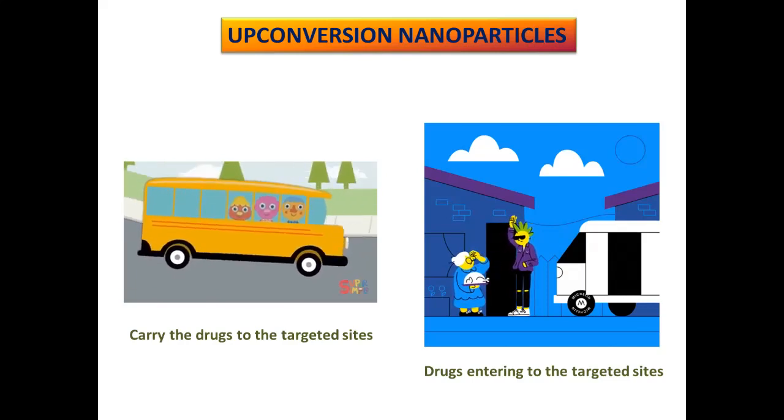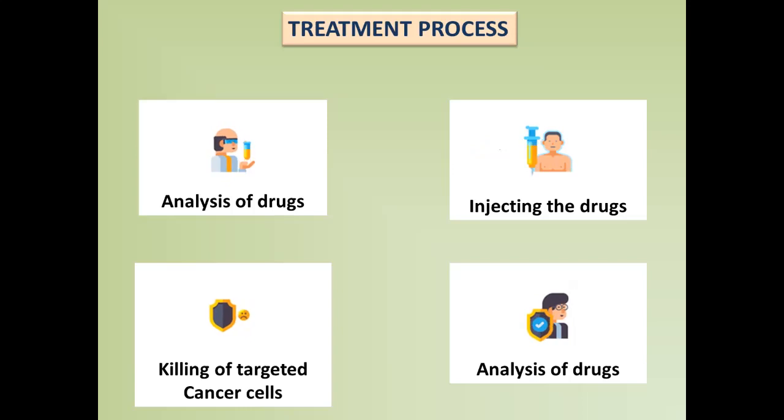Now we can see how the treatment process starts exactly. So the treatment process is such that the photosensitizers are prepared. They will be conjugated with the nanoparticle. Then it will be injected into the body. Injection can be done with a syringe or with a scaffold type, any type.